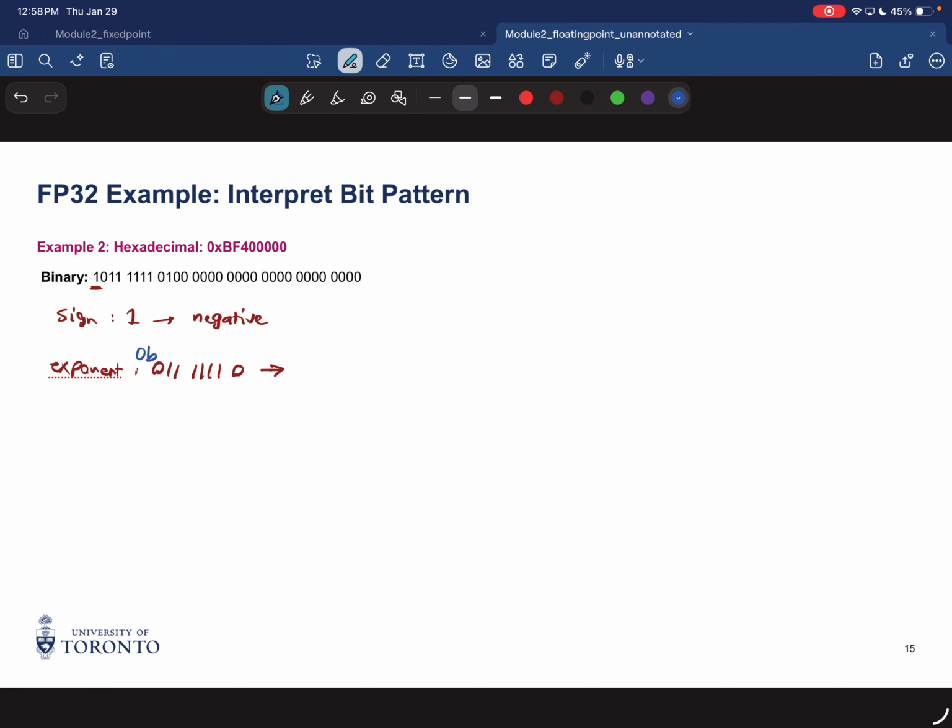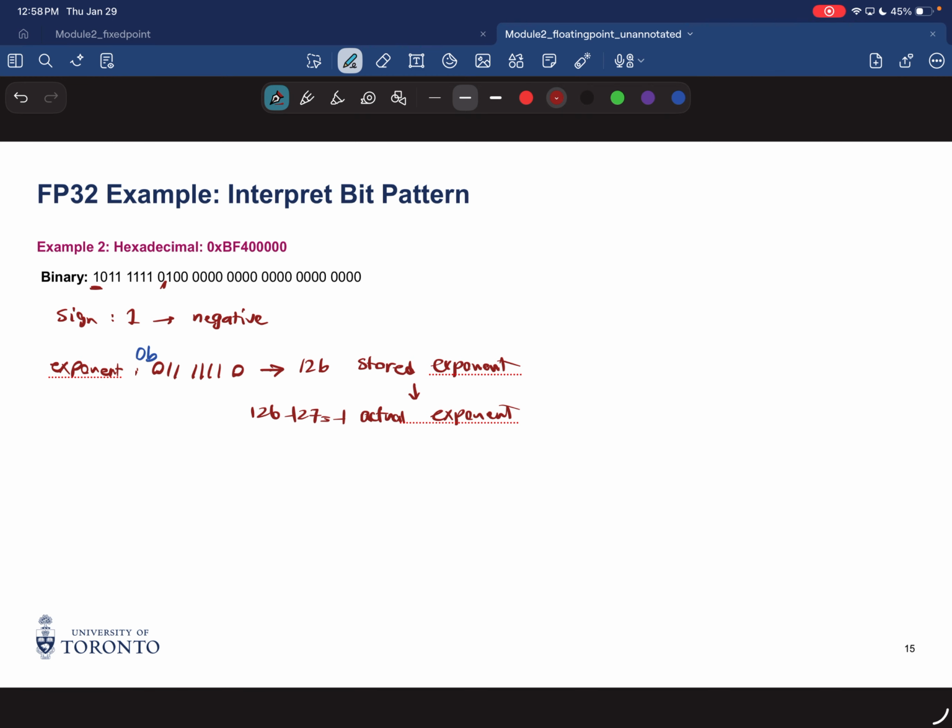Now we show it in decimal. What is this number in decimal? 126. Thank you. 126 is our stored exponent. Then our actual one is going to be 126 minus 127, that's minus 1.